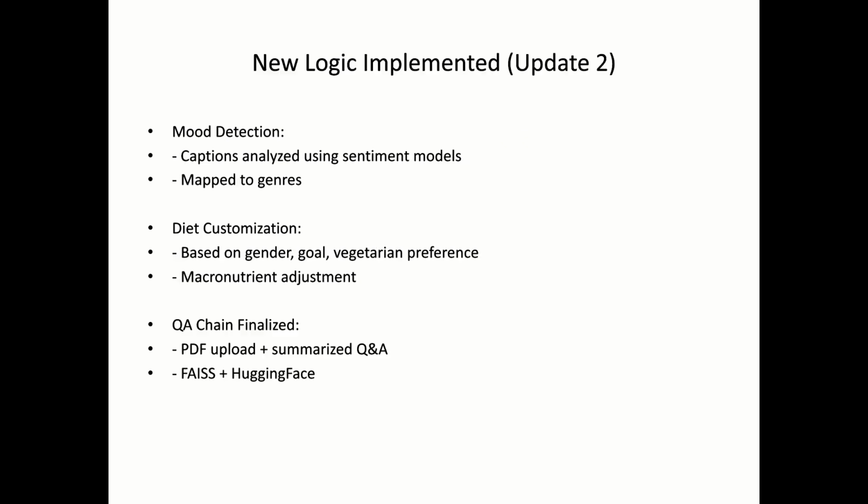So coming to the next slide, which is the new logic which we implemented in this update. Here are the new items which we have included. The first one is mood detection. We have added a new logic where the chatbot can detect the user's mood from the input text, similar to analyzing captions from social media.